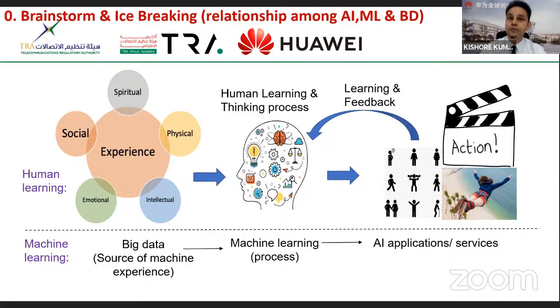And we learn through our 5 sensory organs. We know that: eyes, ears, nose, skin, tongue, right? So we have sensory organs, we have bionic sensors. And through those sensors, we gather different types of experiences: physical, intellectual, emotional, social, spiritual, very different types of experiences. Now, we can make an analogy of those experiences as data.